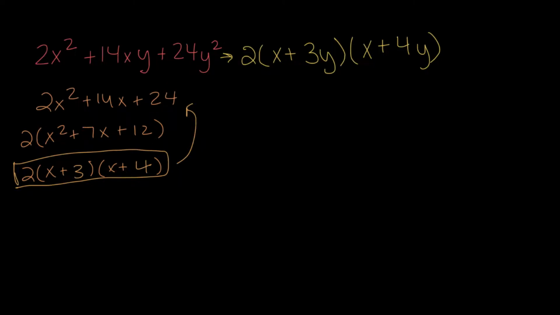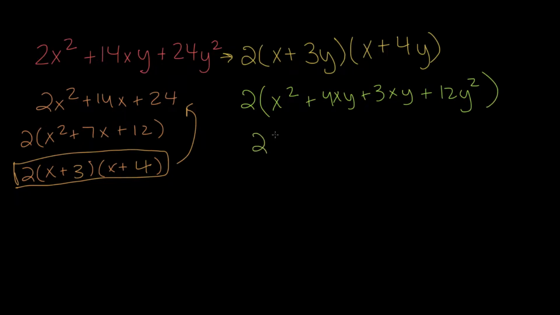So we can multiply this out just to make sure we got it right. So we have 2 times, and then we're going to multiply out our polynomials first. So we have x squared plus 4xy plus 3xy plus 12y squared.